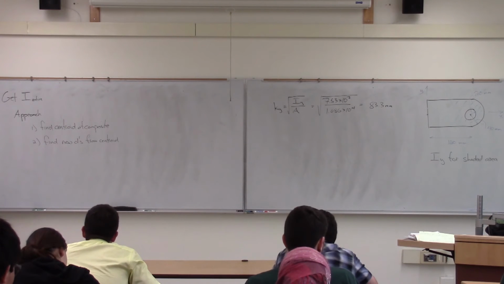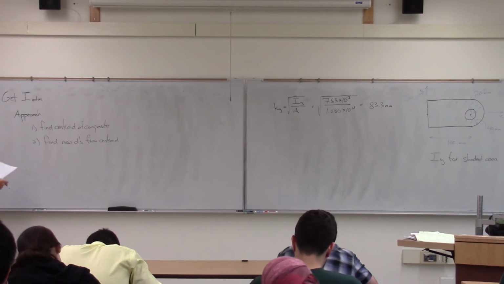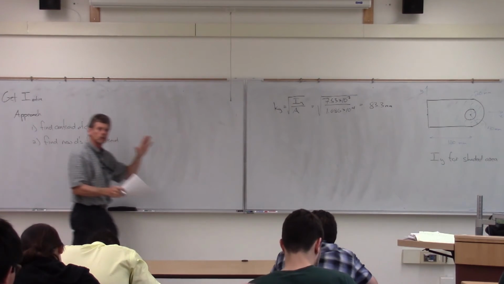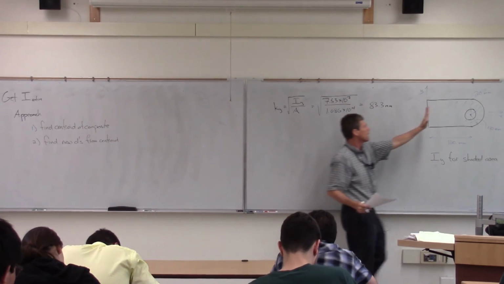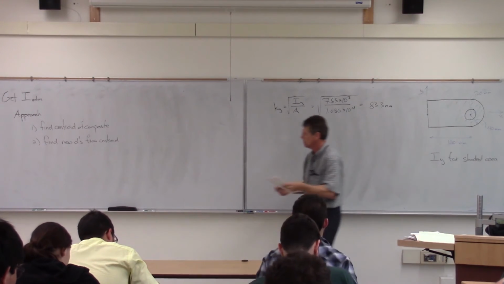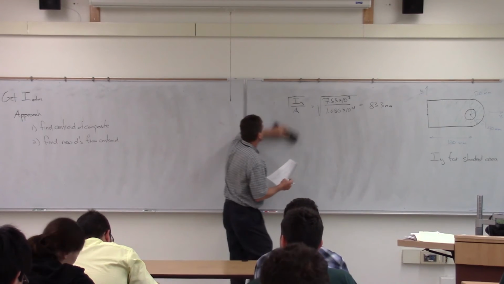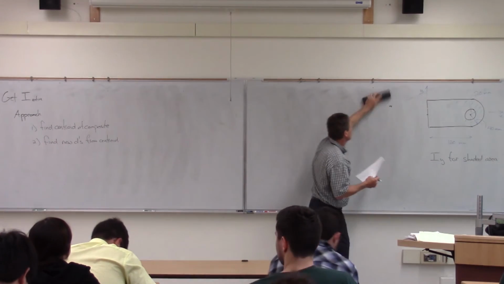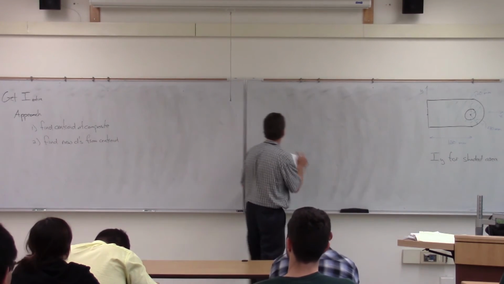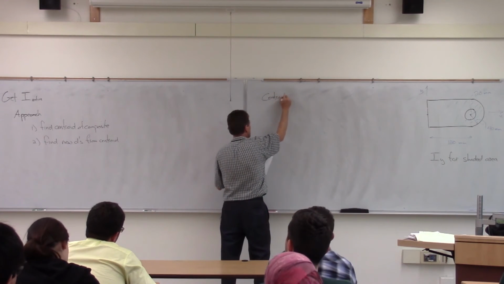So area won't change, but we're going to change our d's, because what we're going to do now is find an axis system that's going to be somewhere here in the centroid. And this is kind of a review, but not a bad thing to review. Centroid, same sort of table.